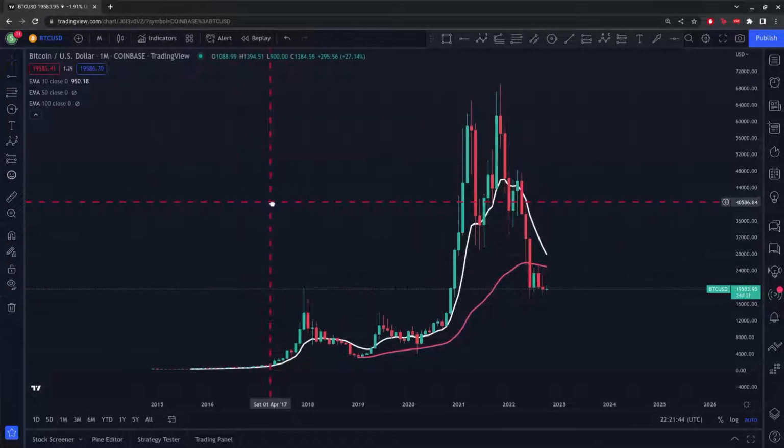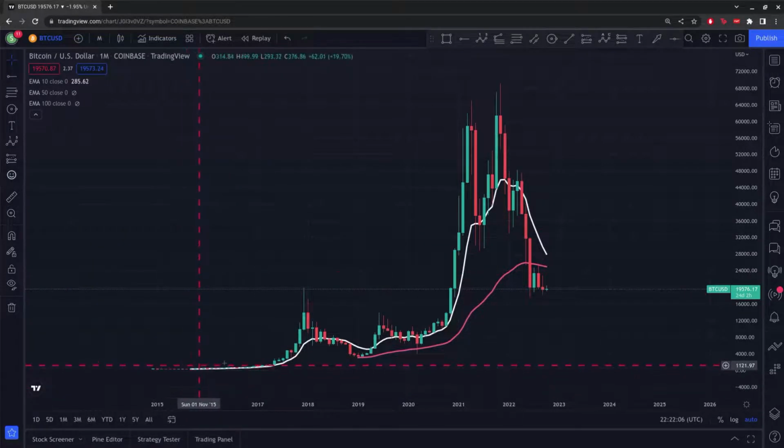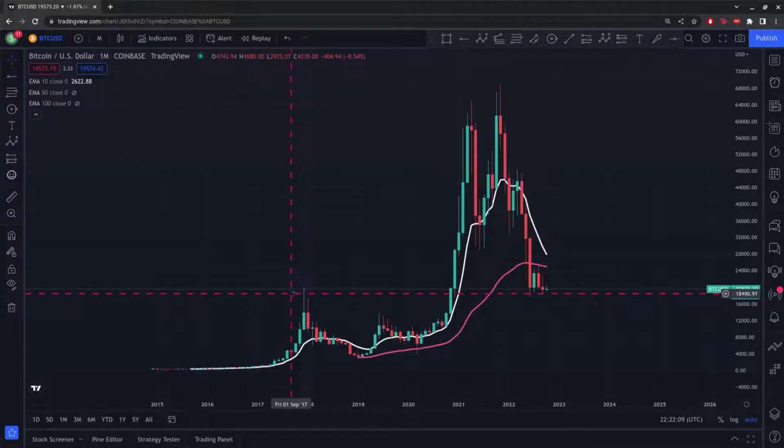With the Bitcoin USD, the first thing I always say is to go to the highest time frame. That will give you the direction of the market. If the market is making higher highs and higher lows, it's an uptrend. If the market is making lower lows and lower highs, it's a downtrend. In this case, the market has been making higher highs and higher lows for a while now, since 2016. This has been an uptrend.